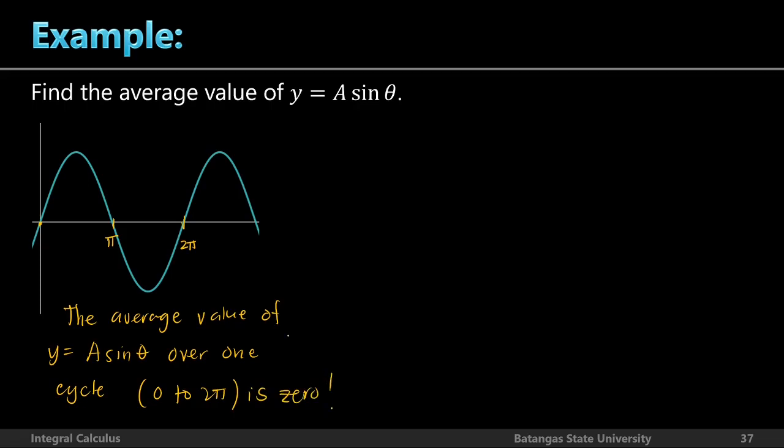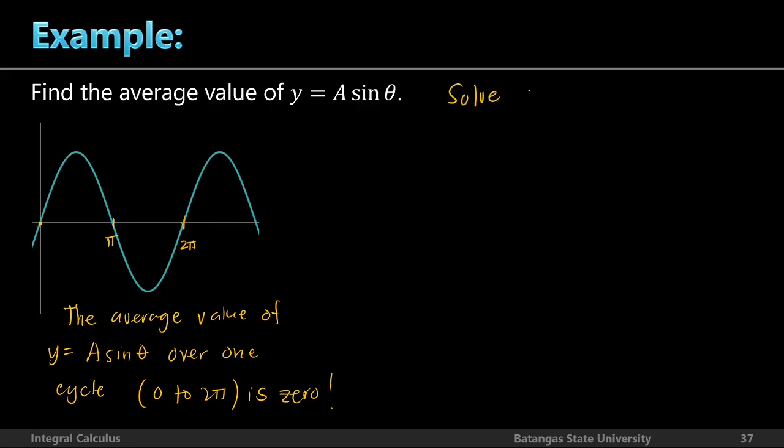Okay? Why? Because of symmetry. One area is positive, while the other area is negative. Okay? So, to get a meaningful average value, instead of getting the average value from 0 to 2 pi, let's get the average value from 0 to pi.